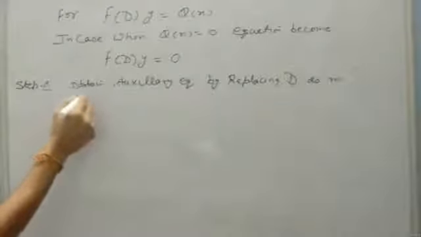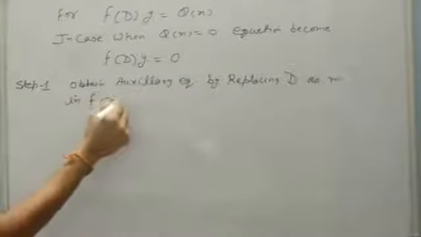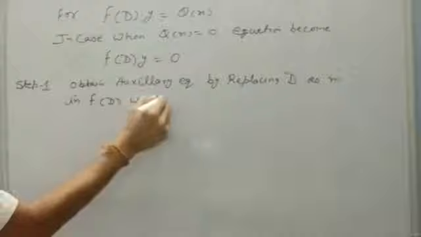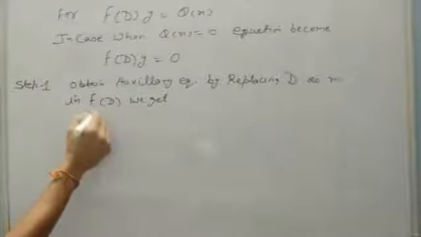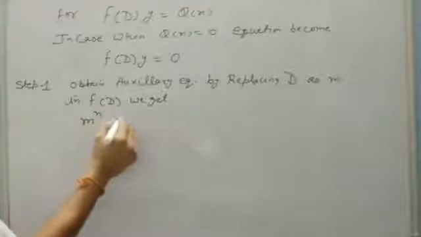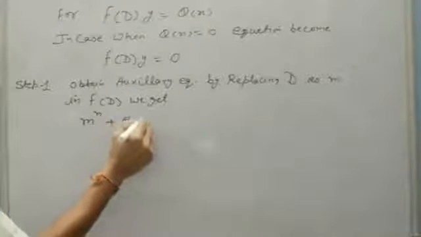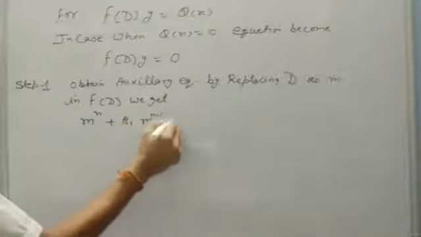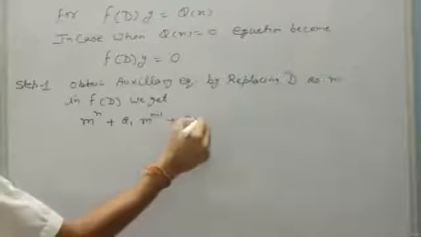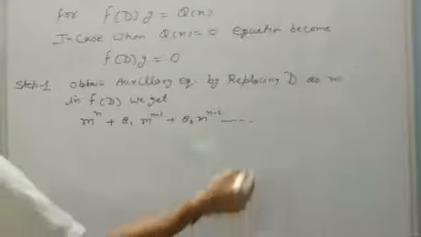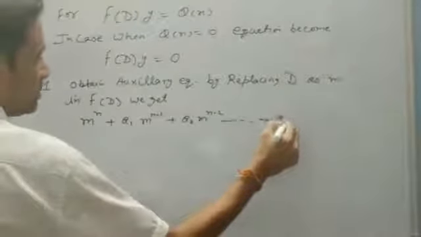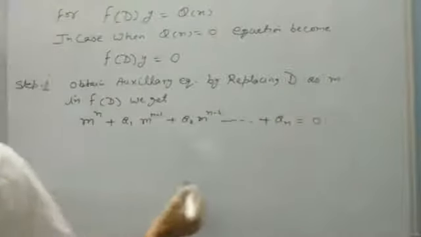We get the equation a0 m to the power n plus a1 m to the power n minus 1 plus a2 m to the power n minus 2 and so on, plus an is equal to 0.